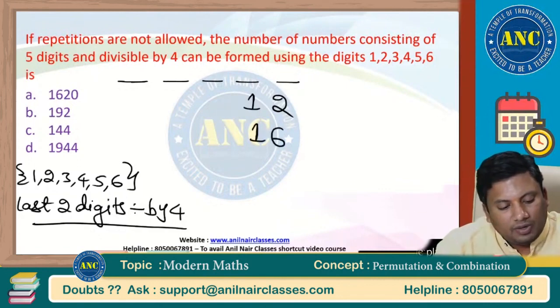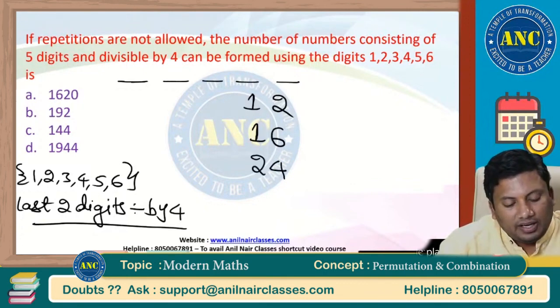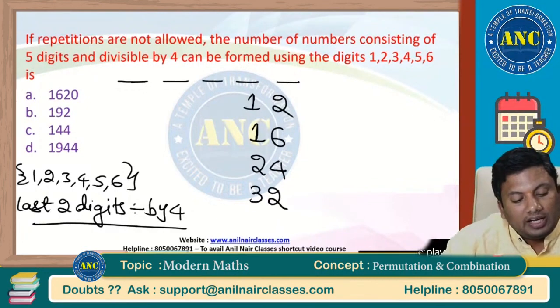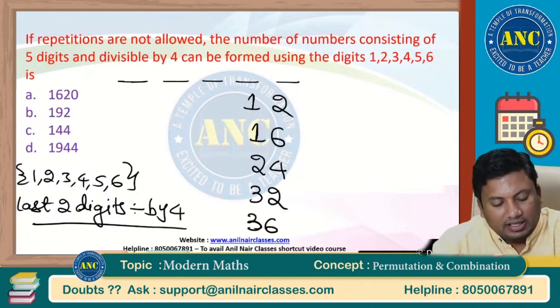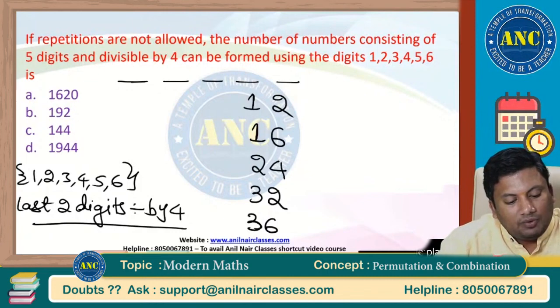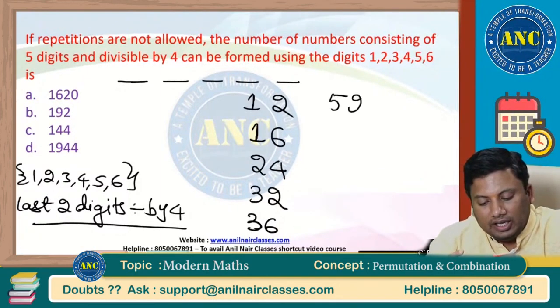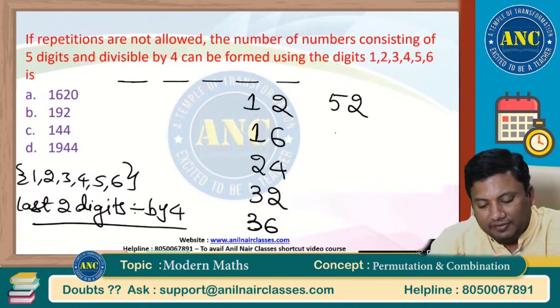16 it is divisible. 21, 23, 24, 24 it is divisible. 25, 26, 31, 32 it is divisible. 33, 34, 35, 36, 36 it is divisible. 3 over. 41, 42, 43, 44 not possible. 45, 46 not possible. 51, next it is 52, 53, 54, 55, 56.